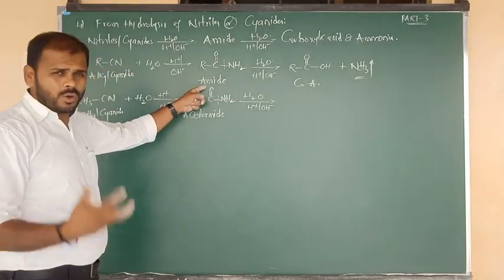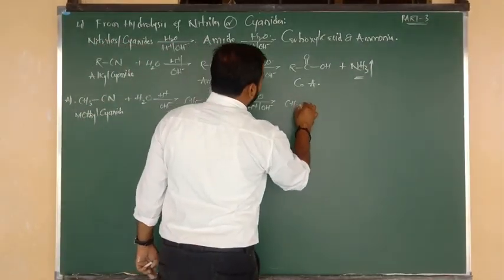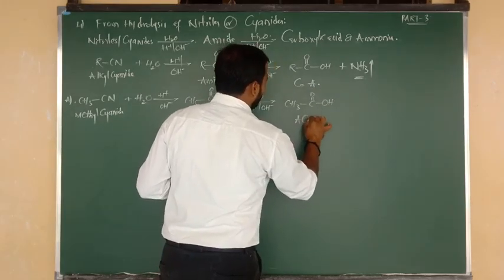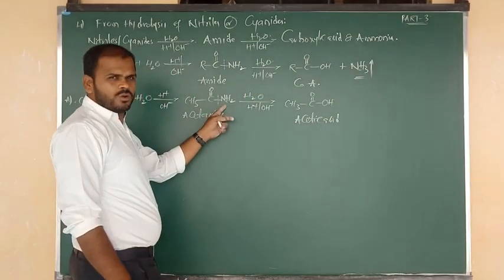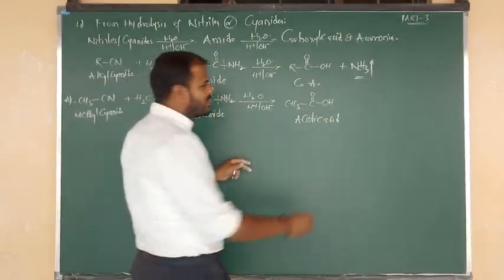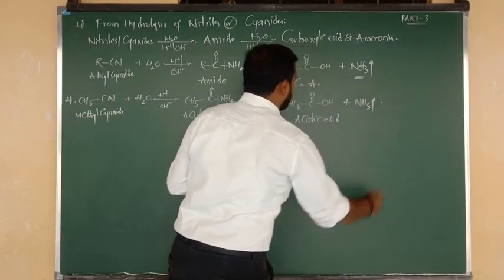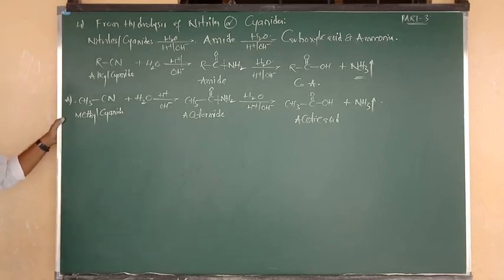CH3 C double bond O takes OH from the water molecule, so we get acetic acid as the product. The remaining NH2 group takes its place from the water molecule and is eliminated in the form of ammonia gas.